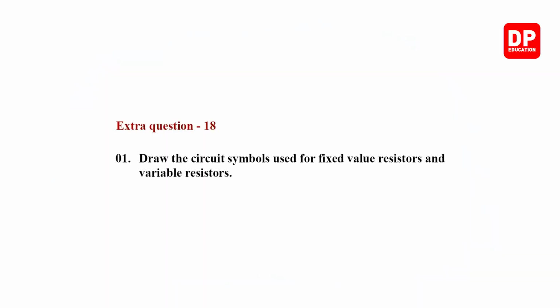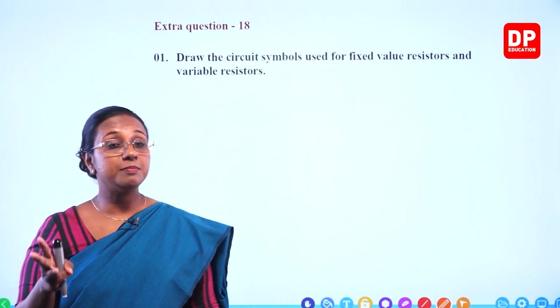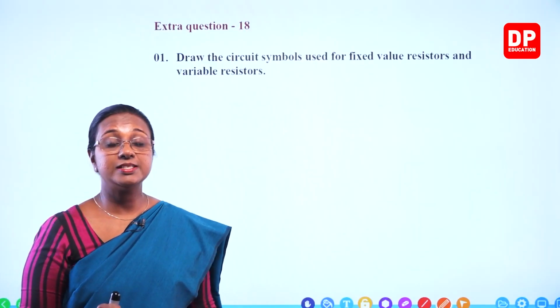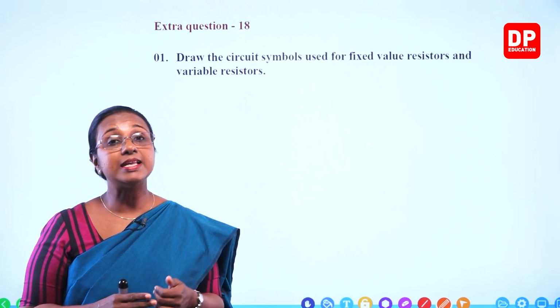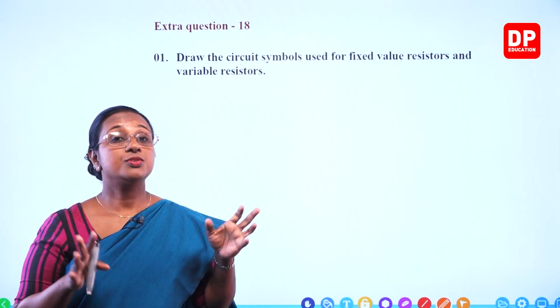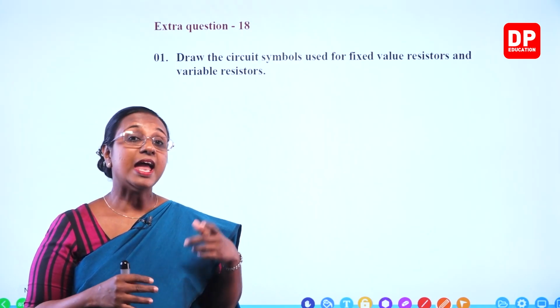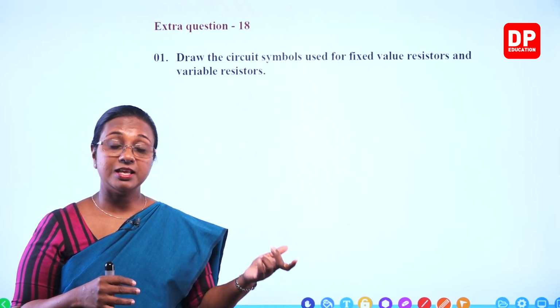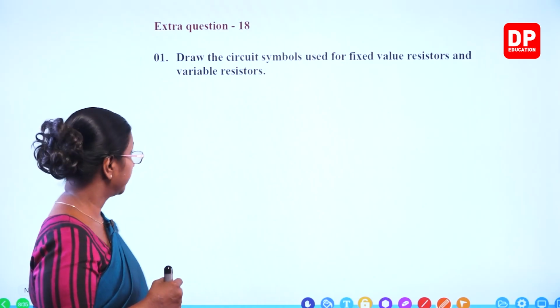Now, extra question 18. Draw the circuit symbols used for fixed value resistors and variable resistors. You can remember, students, there are three main types of resistors. We already discussed that: fixed value resistor, variable resistor and light dependent resistor. For those resistors, we have different circuit symbols, and for each of the variable as well as the fixed value resistors, there are two circuit symbols.